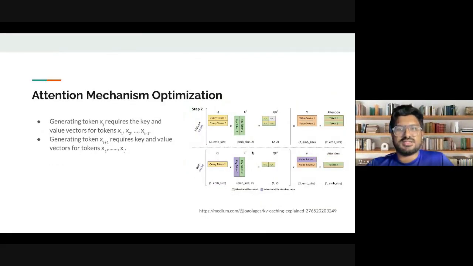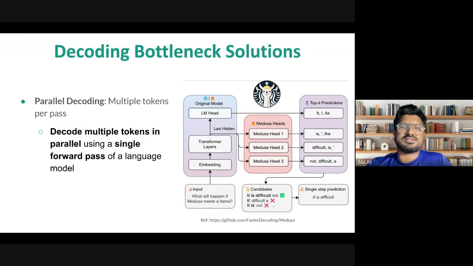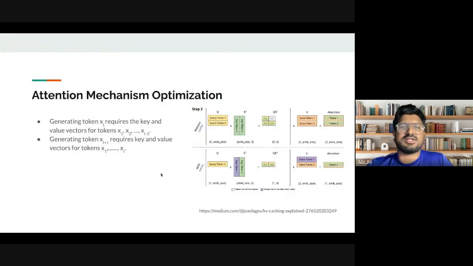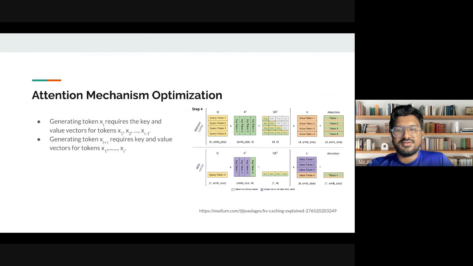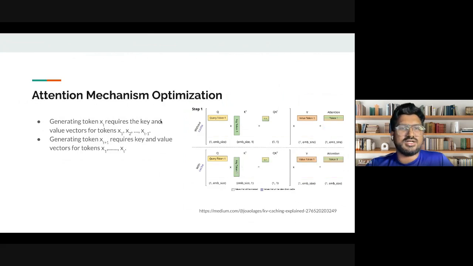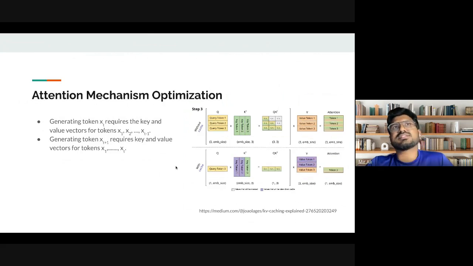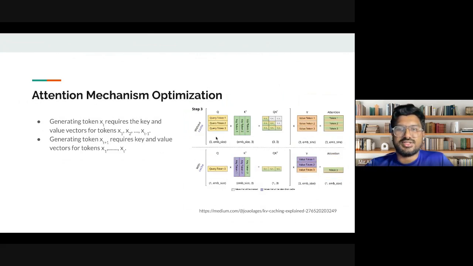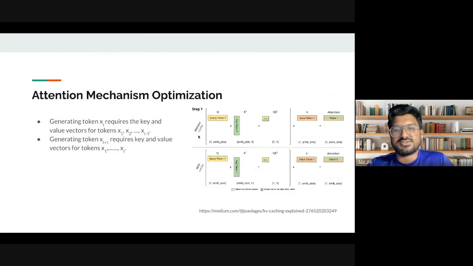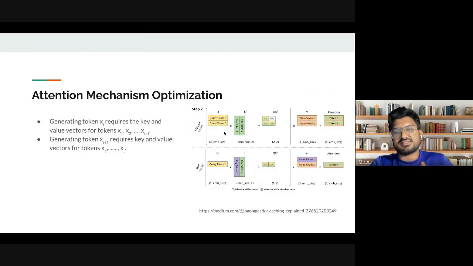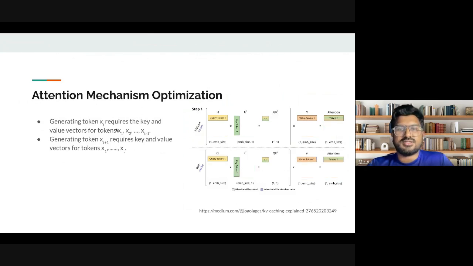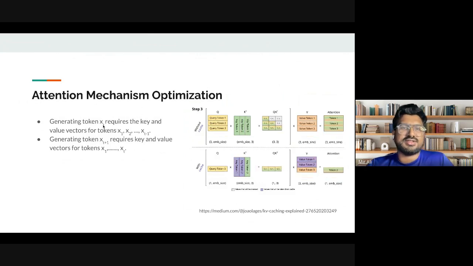Next, once this decoding part is done, comes the optimization part. What we talk about is attention optimization. The reason is that the attention mechanism is a quadratic computation step, where, as shown here, for every query the cost starts piling up as the sequence increases.